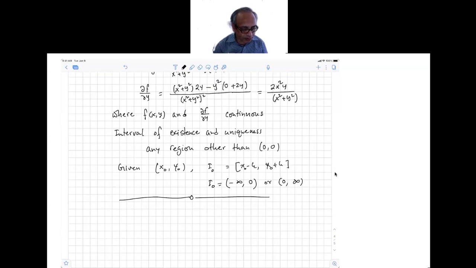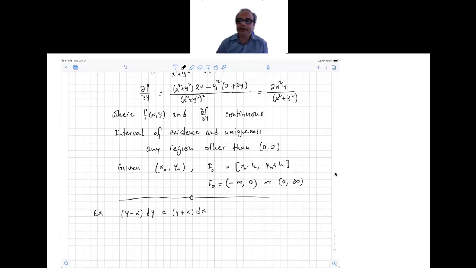To make it clearer, look at another example. Here I have (y minus x) dy equals (y plus x) dx.